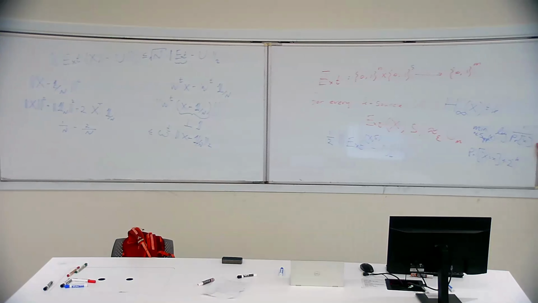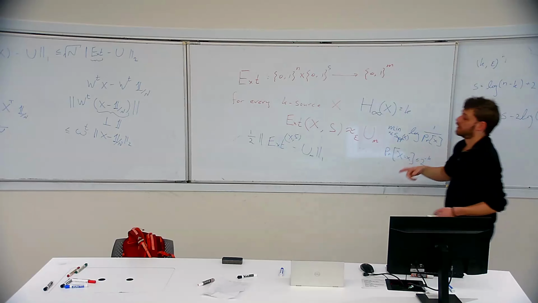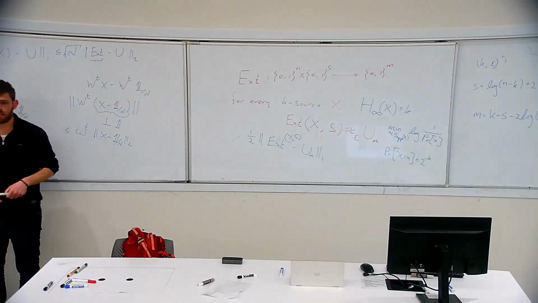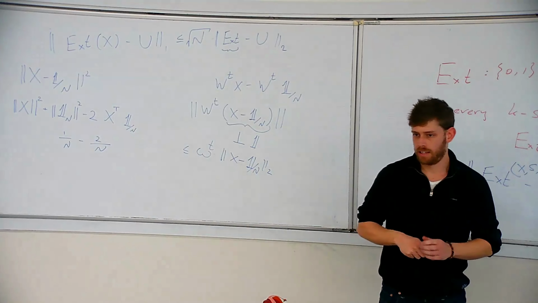Okay, so we call again that the optimal parameters are S equals log N minus K plus 2 log 1 over epsilon, and we only got, as we expected, N minus K. And now we need to show the M. So what is M in our construction?